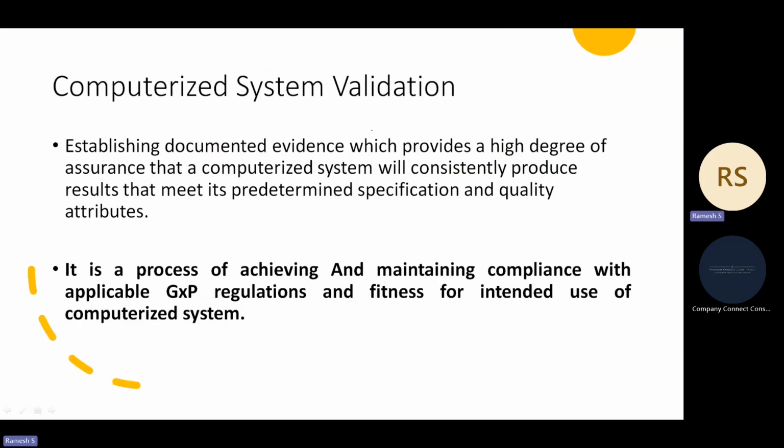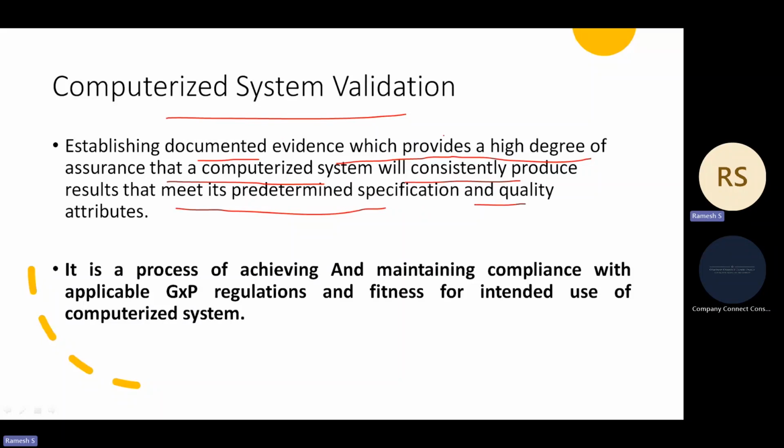Okay, so now we will see the definition of computerized system validation. Computerized system validation is establishing documented evidence which provides a high degree of assurance that a computerized system will consistently produce results that meet its predetermined specification and quality requirements.